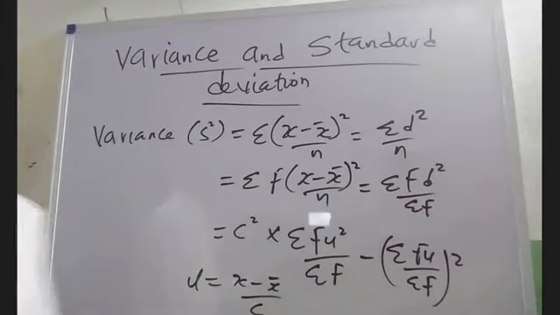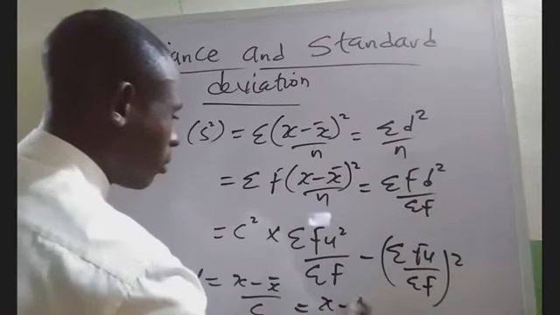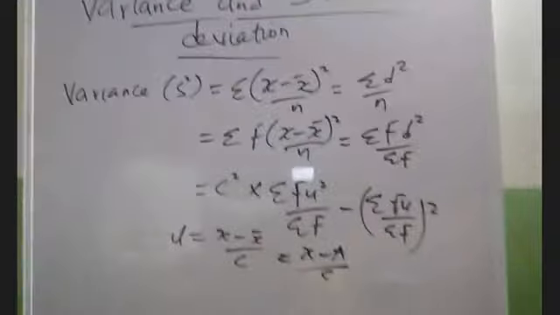If you are using an assumed mean, it will now become x minus A over c.